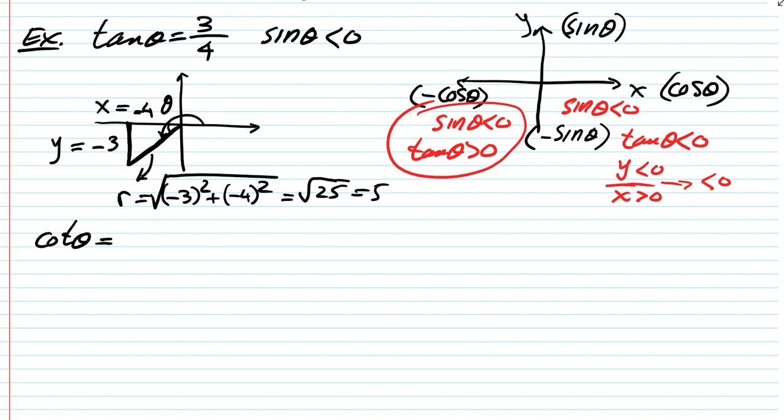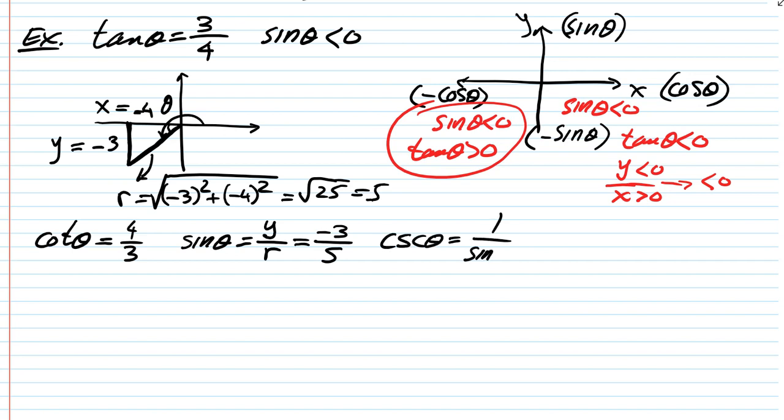Cotangent, the reciprocal of tangent, is going to be 4/3. Done with that. Because this is not a unit circle, sine is going to be y over r, correct? So it's going to be negative 3/5. The reciprocal of sine is cosecant, which is 1 over sine.